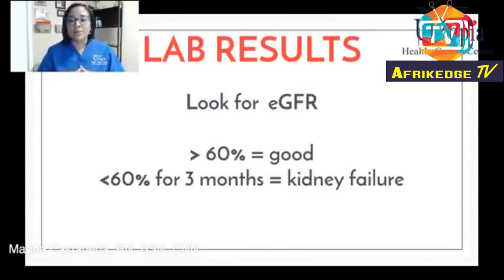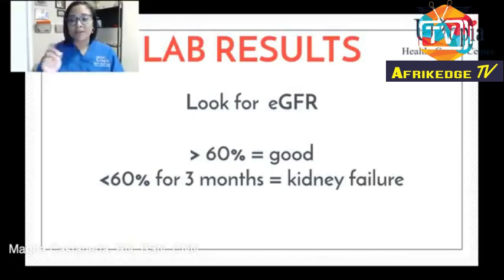So in the lab results, just look at your last lab results and look for the one that says eGFR. Okay, so the E is for estimated, and GFR is for glomerular filtration rate. What that means is how your kidneys are working, the kidney function, okay? So normally in your lab results, you will see something like greater than 60.